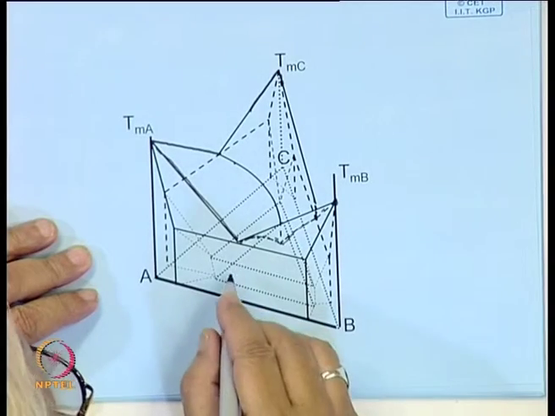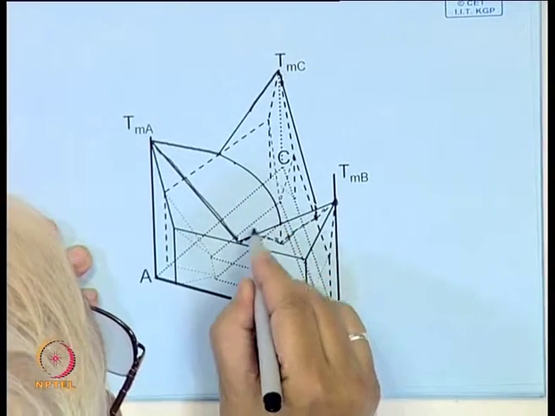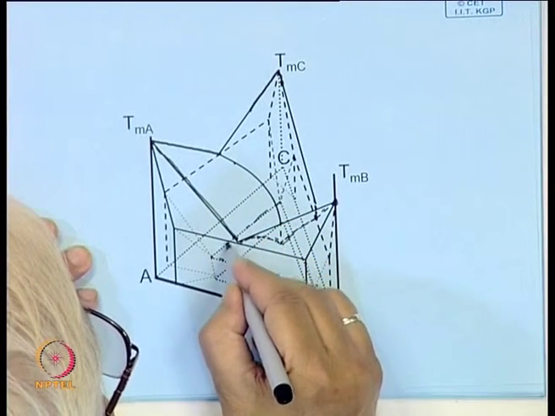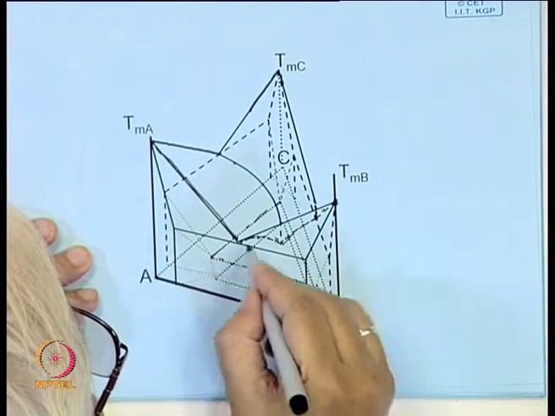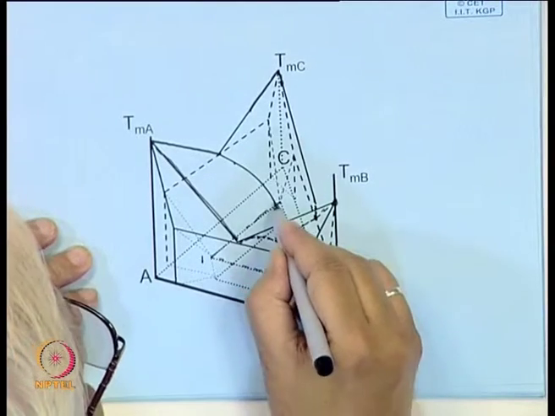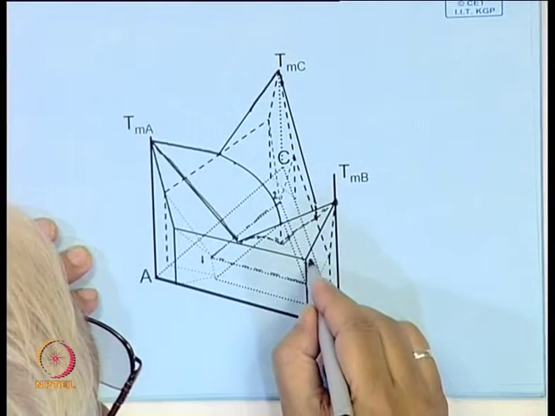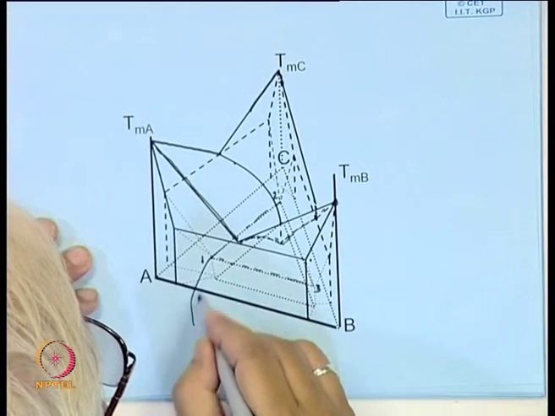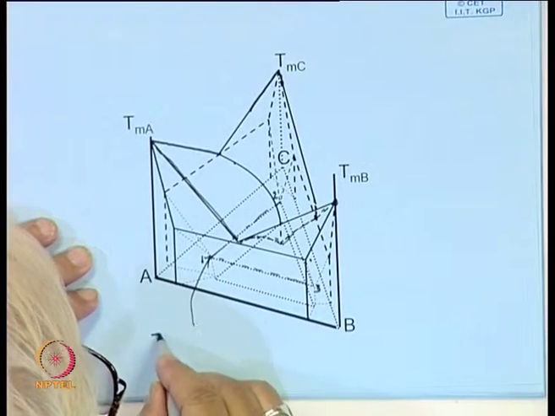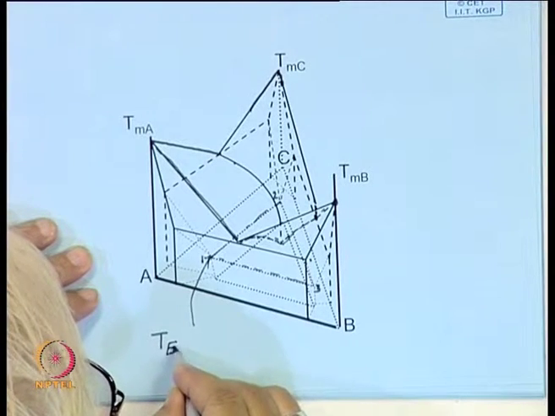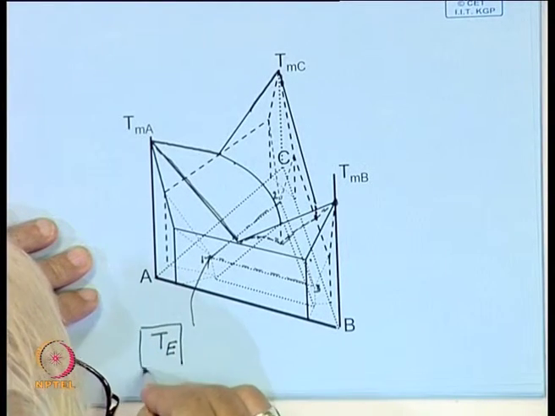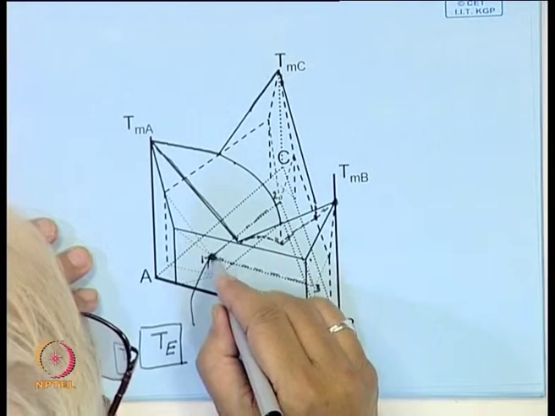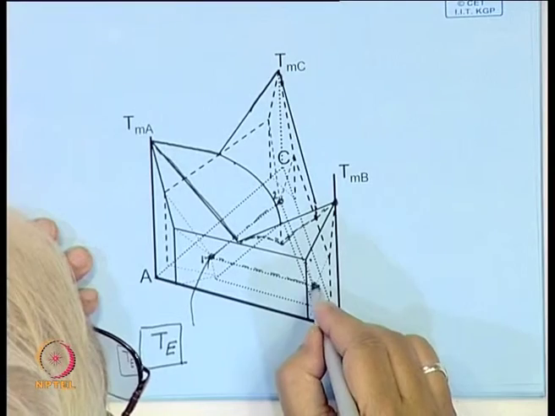Inside, I have drawn this isotherm, this triangle, say 1, 2, 3. This is the isotherm at the eutectic temperature, where all these are meeting, and these are fixed compositions.